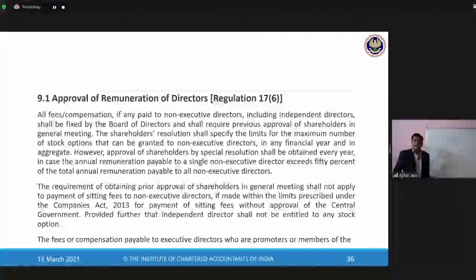The shareholders' resolution shall specify the limits for the maximum number of stock options that can be granted to non-executive directors in any financial year and in aggregate.